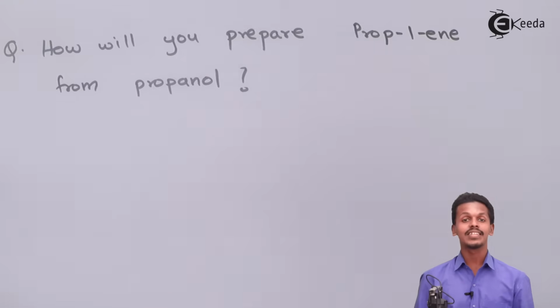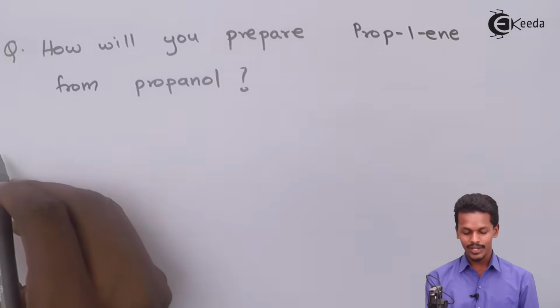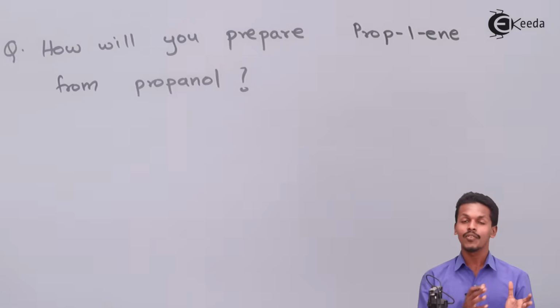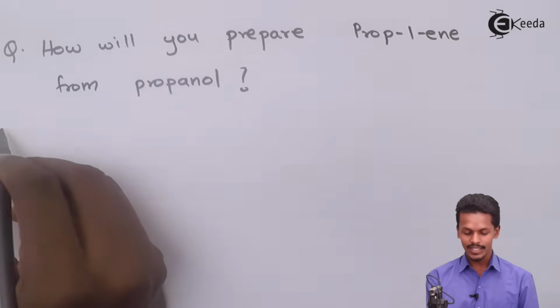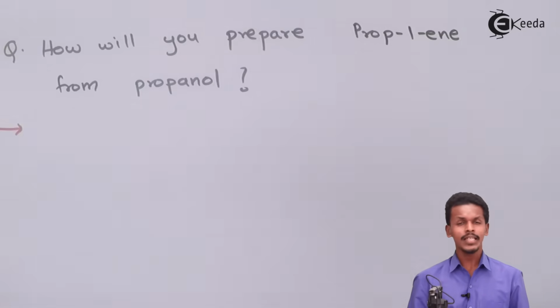This propanol indicates the primary alcohol. In the example that we have taken, it was the secondary alcohol, that is propan-2-ol, but now we have to take the primary one, that is propan-1-ol. So how can we write the equation, or how can we give the conversion of a propanol to propene? That is the main concept that we are looking at.